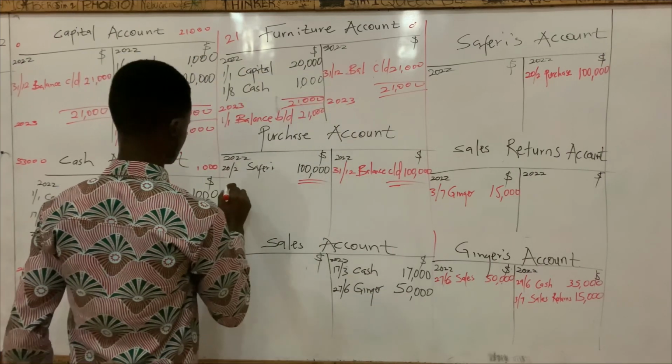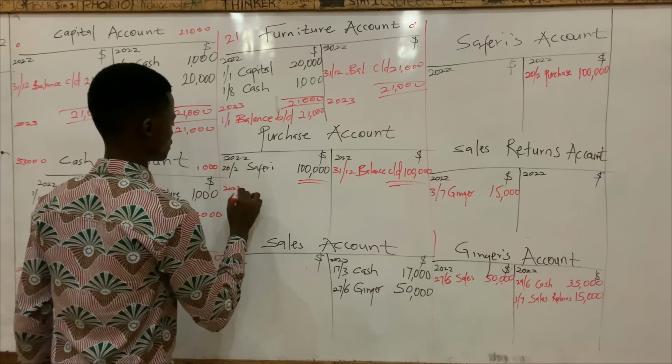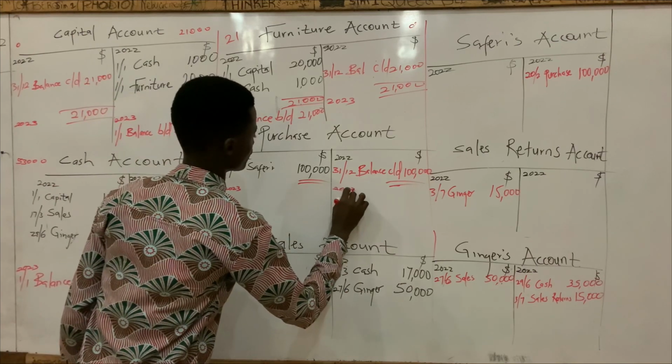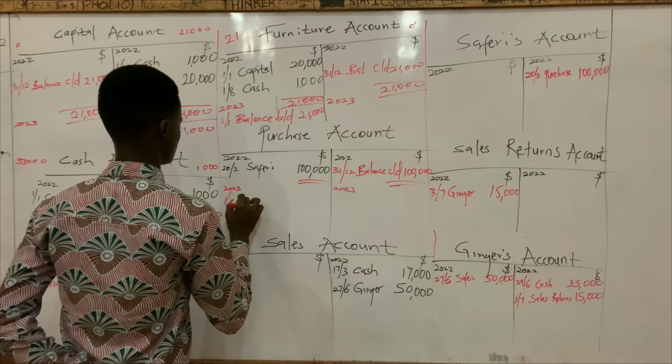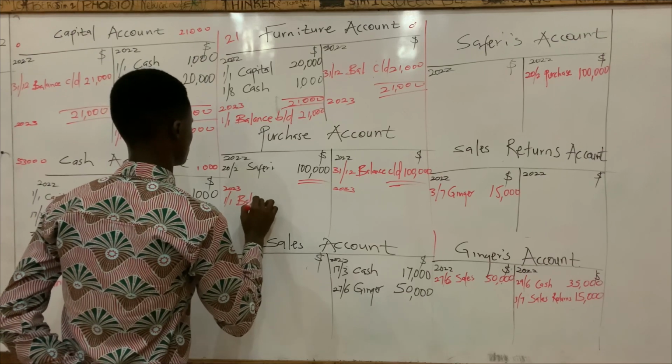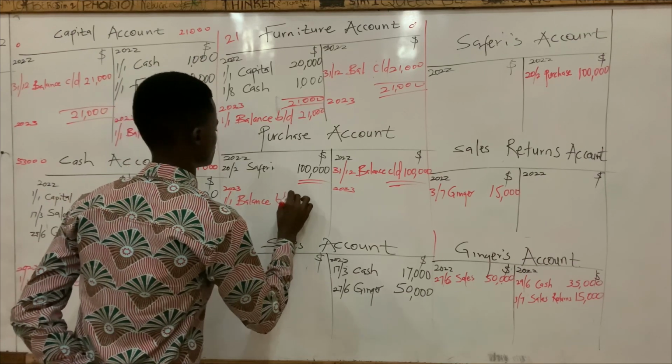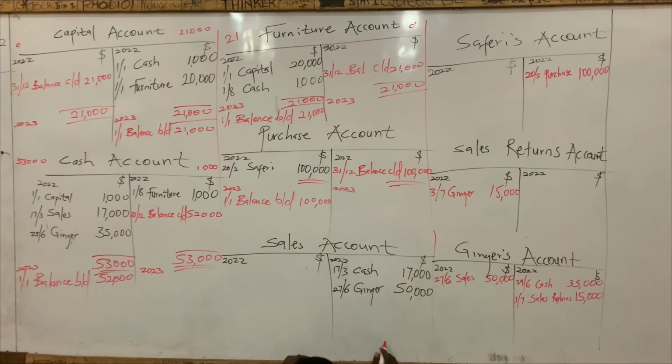So this same difference, 2023, 1st January, balance B/D. So with sales, the total debit entries is 0 and that of the credit entries is $67,000. So the greater total is the credit side, which is $67,000.